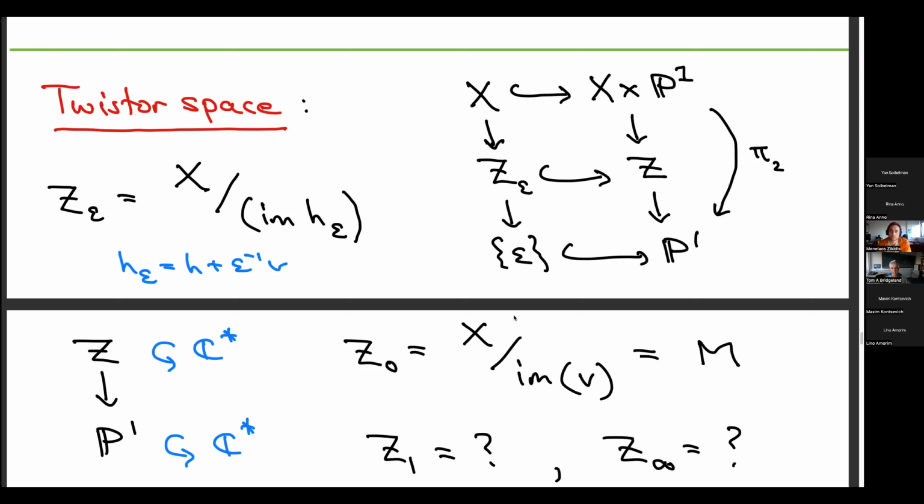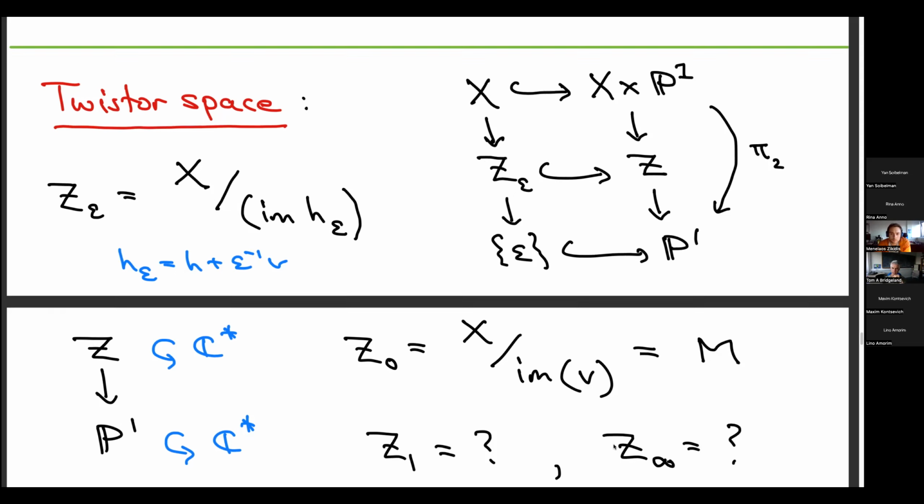And the fiber over 0, remember this connection was like this, so obviously we have to rescale. And so we're really quotienting by the distribution, the image of V, but V was just this thing which mapped a tangent vector downstairs to the vertical tangent vector to X. So that's really just quotienting X by the vertical direction. That thing is really well behaved. That just gives me N. So the fiber Z0 is the manifold I first thought of. In other words, it's the stability space.